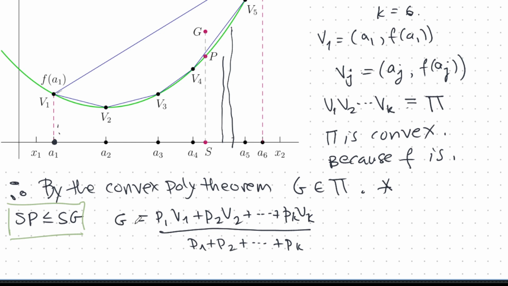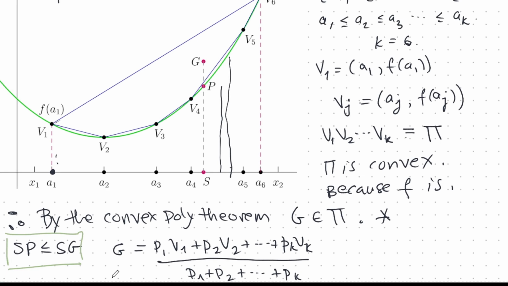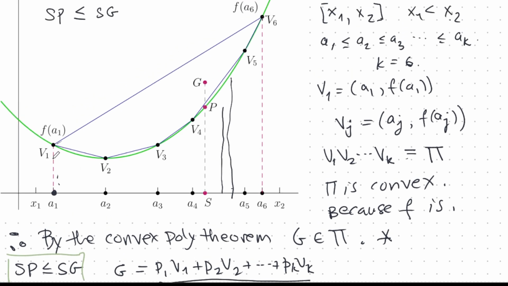With G as this combination with weights. I attach weights to these points. So P1 is the weight of V1, and P2 here, and P3 here, and P4, and so on until PK here.